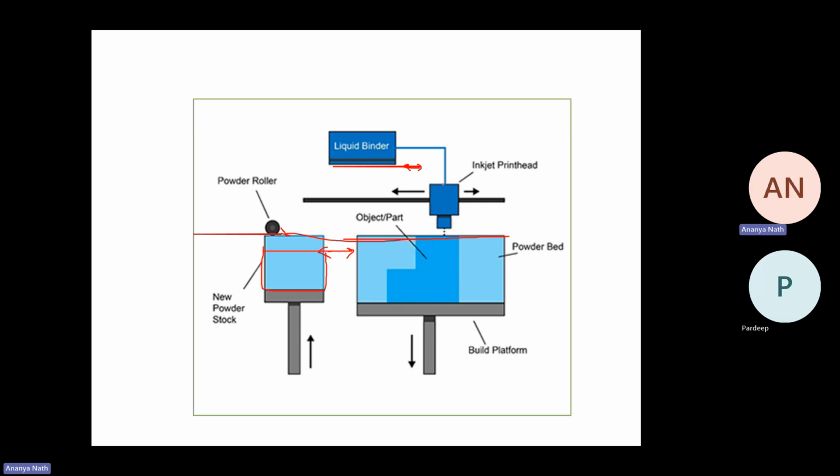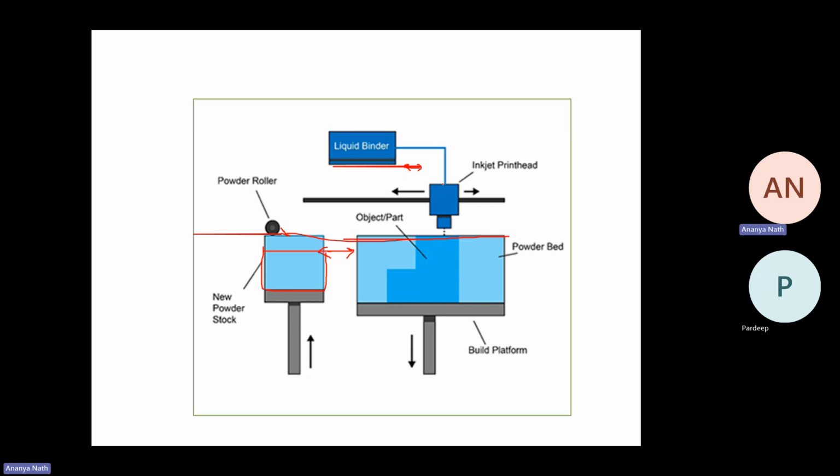First, we are putting the powder, then we are putting the glue, and layer by layer, we are doing the same process. We are repetitively putting one layer of powder, putting the glue on it, then again putting one layer of powder, putting the glue. And like that, when the part is completed, we just blow away the powder, and we get the final part.